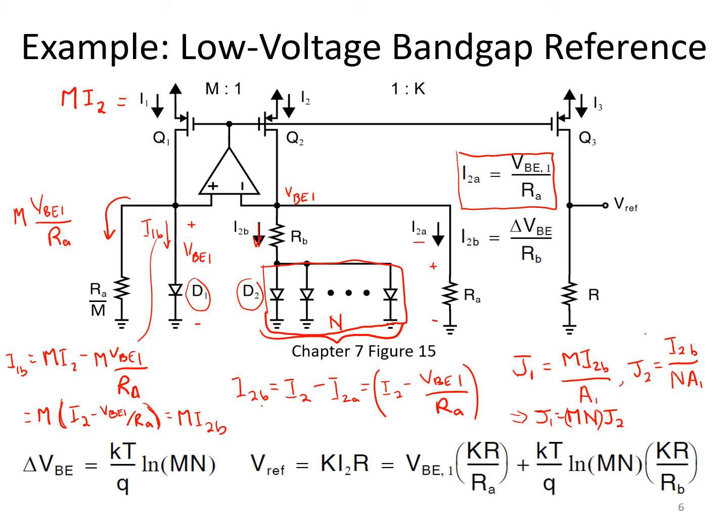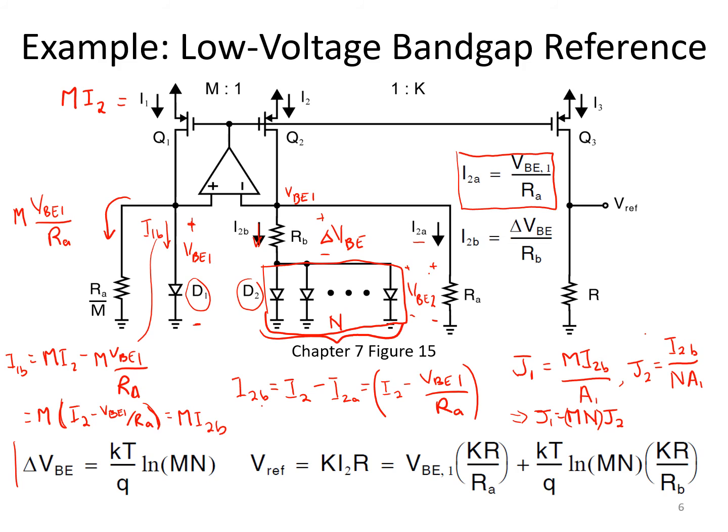Okay, so the voltage VBE2 that arises here across diode D2 and the voltage VBE1, we know, differ by a delta VBE, which appears across the resistor RB.